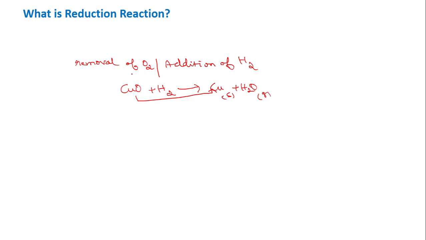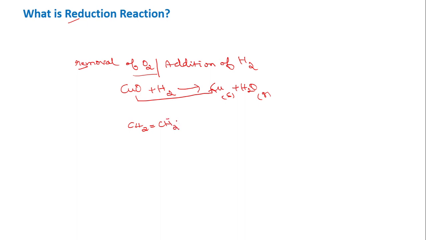Now removal of oxygen is called a reduction reaction. Re and re, both the words have RE, so you can easily remember. Reduction means removal of oxygen or addition of hydrogen. Let us take one more example, that is ethene. CH2 double bond CH2.